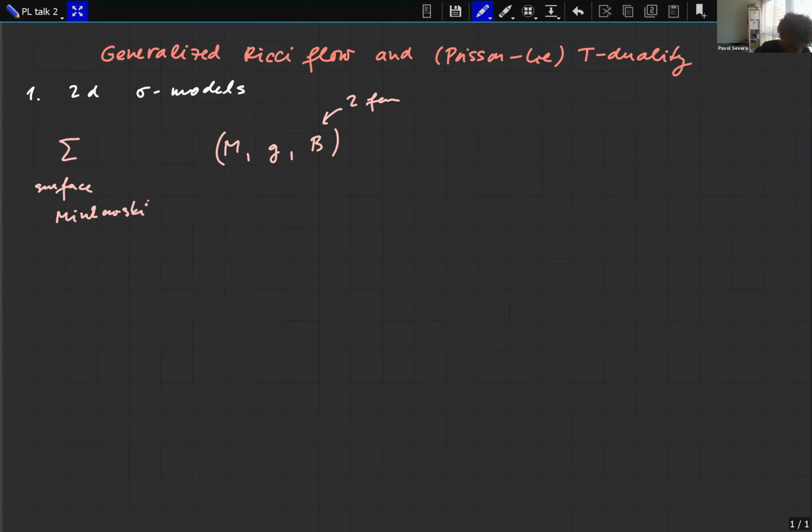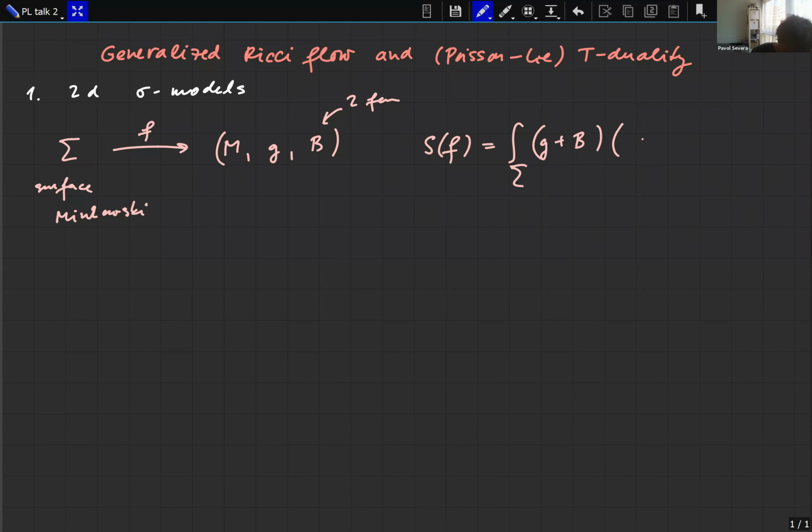And then whenever we have a map going from sigma to M, so we have some F, then we can compute the action functional of this F. It's an integral over sigma of some expression, where there is G plus B, and we decompose the differential of F in the light-like directions.